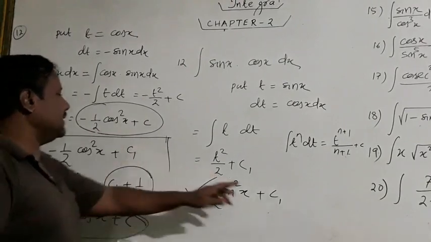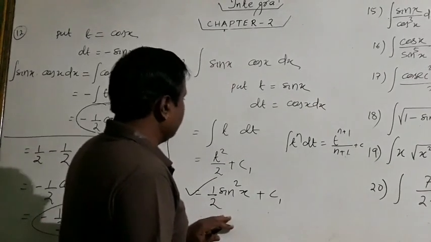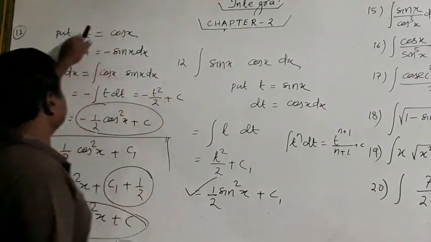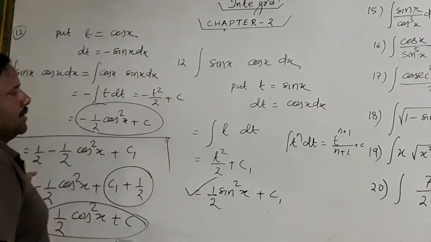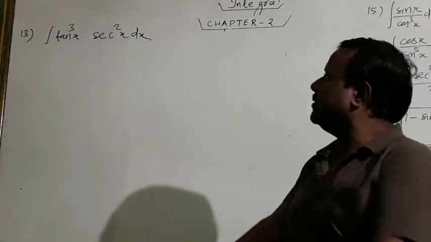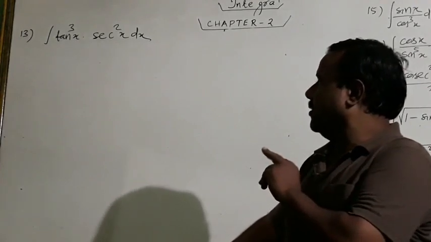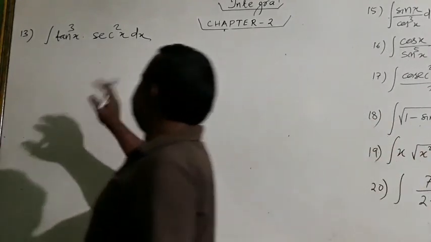The only difference is the constant. If in the exam one does this method, you will get full marks. Also in this method, you will get full marks. No problem there.